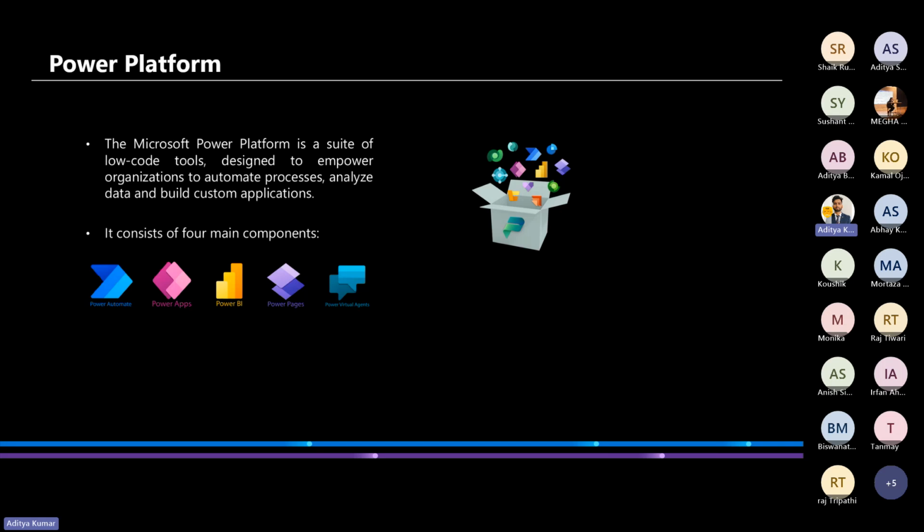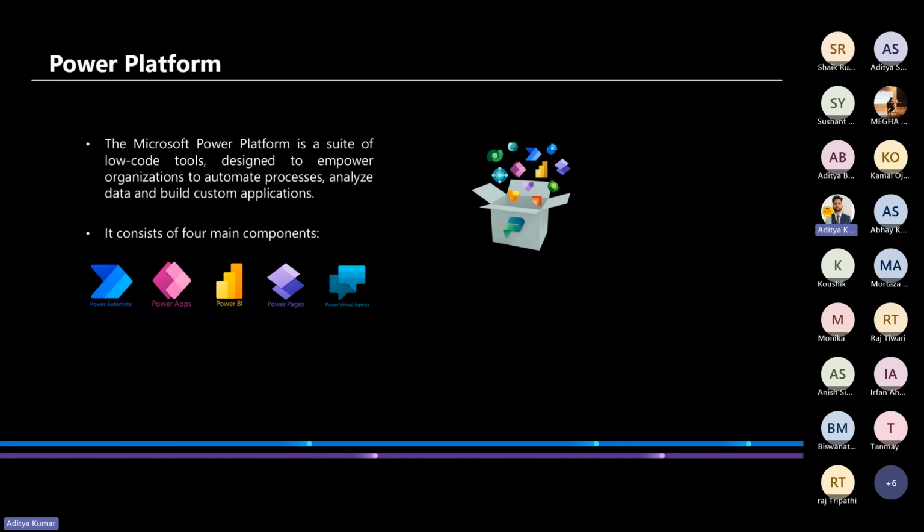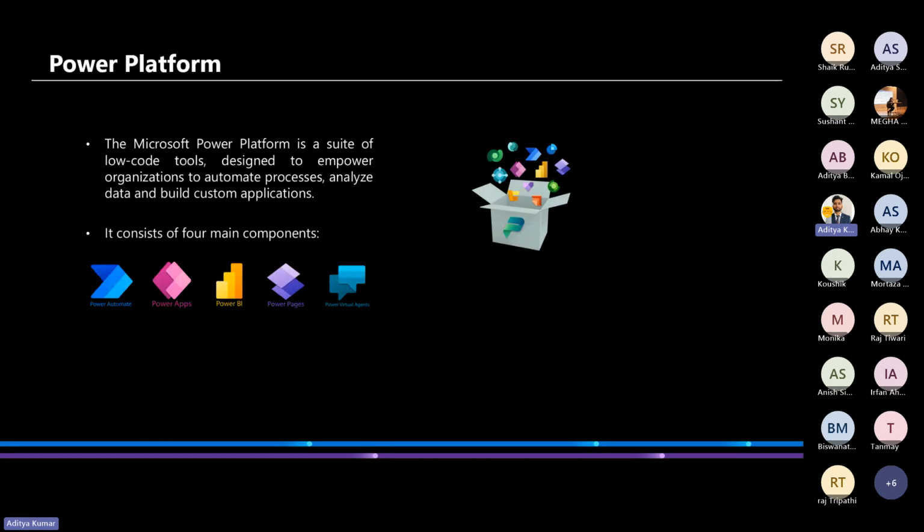As for the apps you see on your phone, like WhatsApp, that kind of application you can't build on Power Platforms. But a very simple app, like storing your employee data or training data somewhere, you can build using Power Apps. The same goes for Power BI as well.